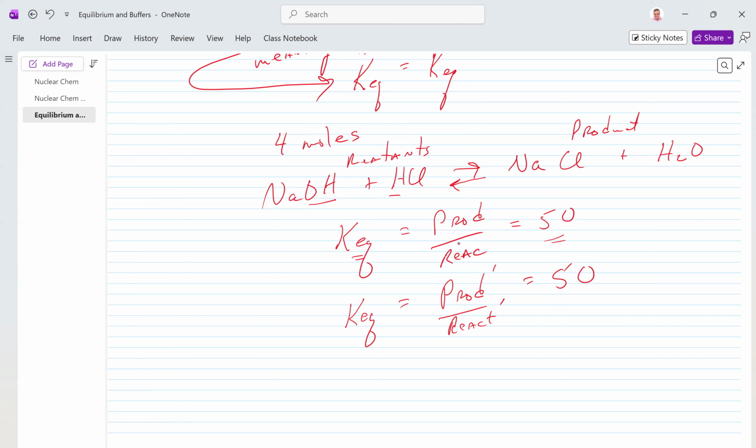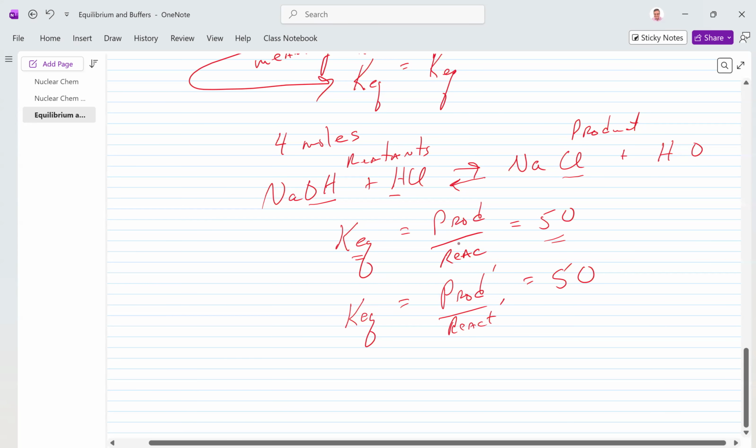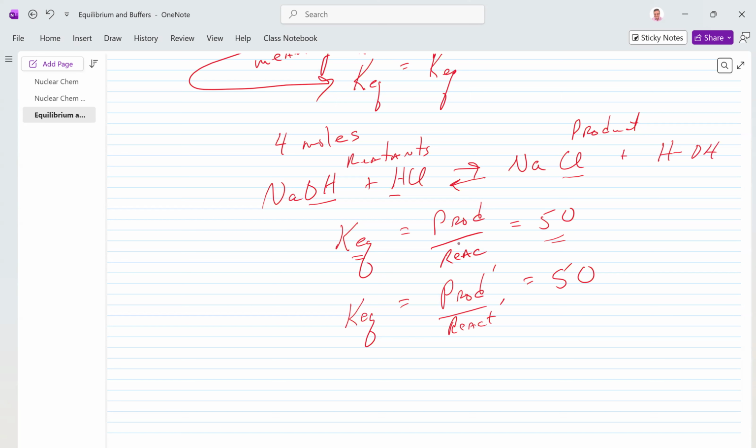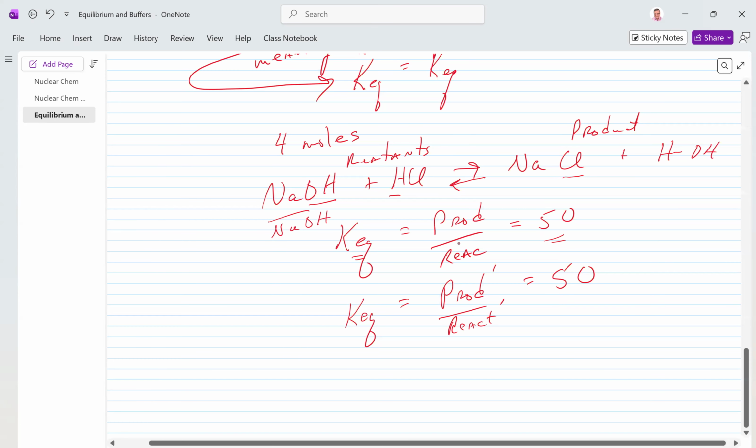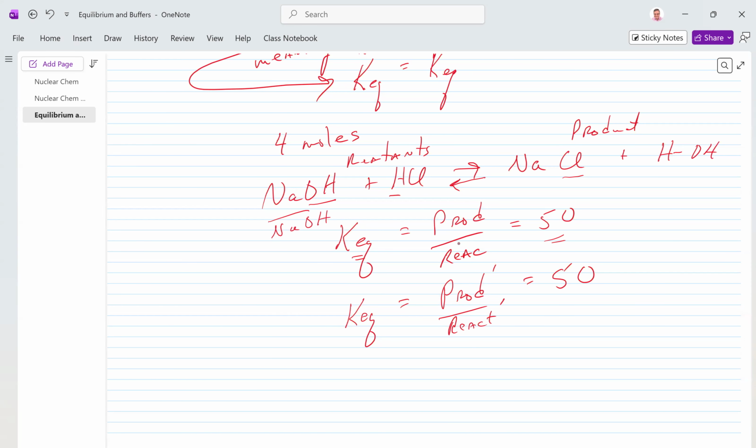It would come from over here. So if we add extra sodium hydroxide, we have to come up with hydrochloric acid to balance it off.